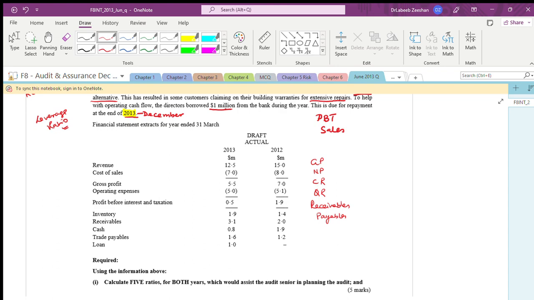Next, gross profit is there, net profit is there. We can calculate the operating expenses ratio.